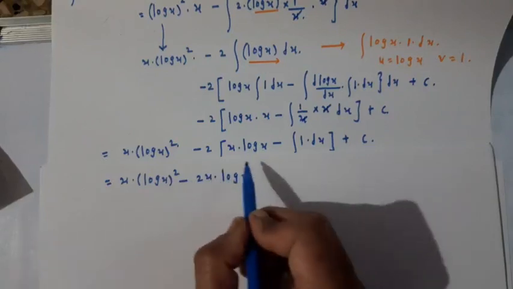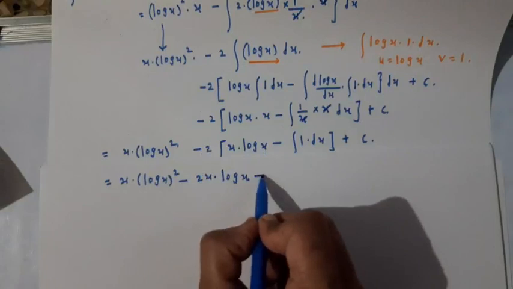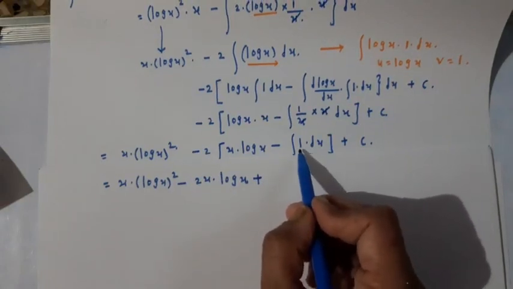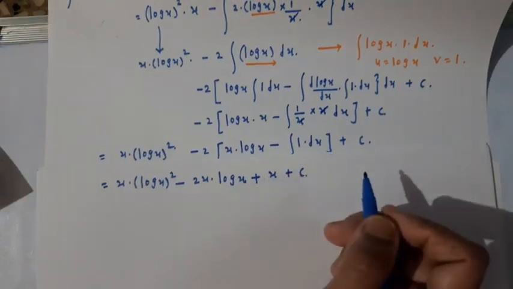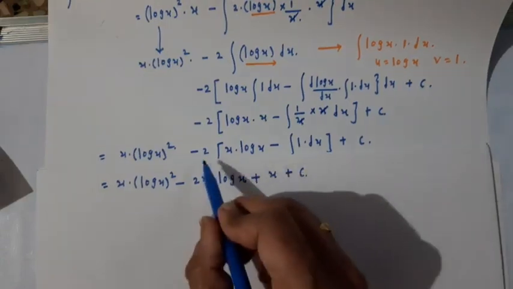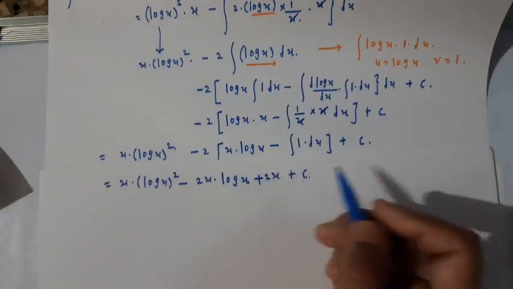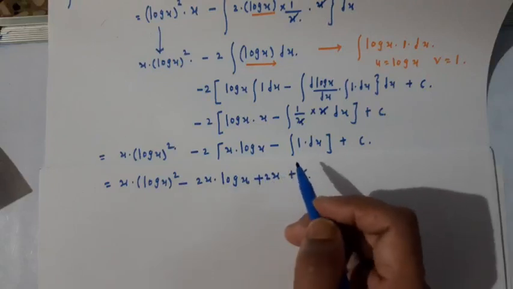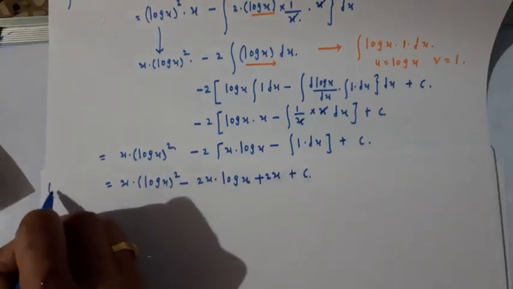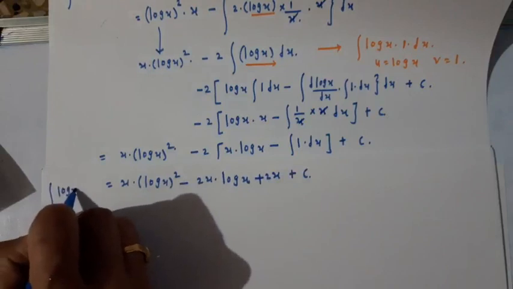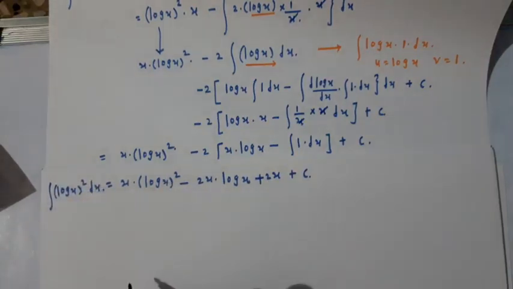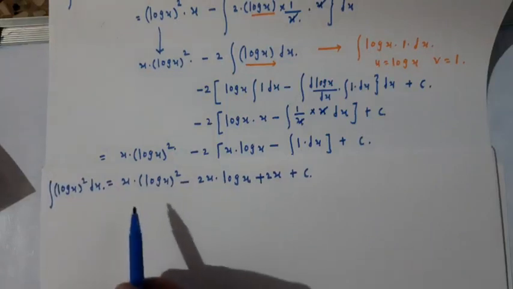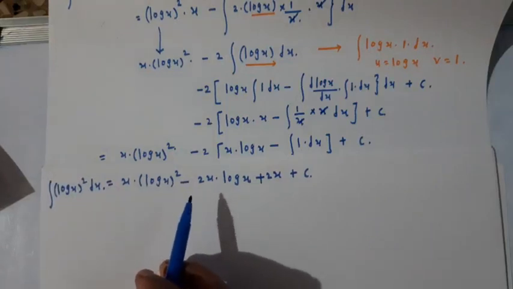We can simplify the term, minus minus becomes plus, and the integration of 1 with respect to x is x plus the constant of integration c, and the multiplication by 2 remains here, and this is the integration of log of x whole square with respect to x. Okay students, in this way we have to solve the integration.